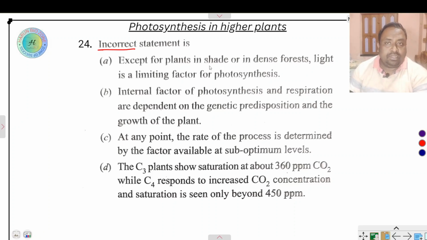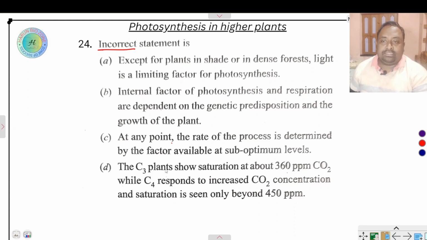But in case of shade or dense forest, light is not a limiting factor. Internal factors of photosynthesis and respiration are dependent on the genetic predisposition and the growth of the plant. At any point the rate of process is determined by the factor available at suboptimum level.